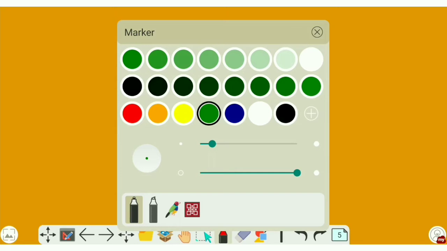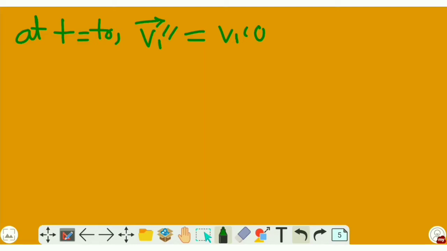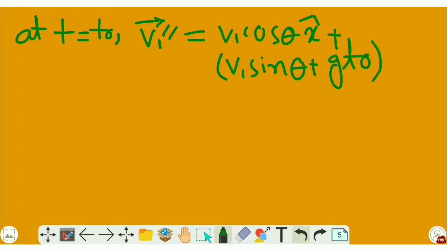And next at t equals t0, let's define it as the v1 double dashed vector, equal to v1 cos theta x cap plus v1 sin theta plus g t0 y cap.